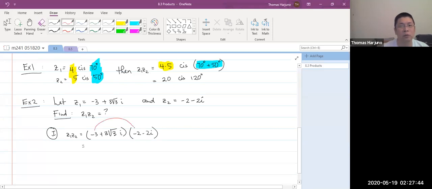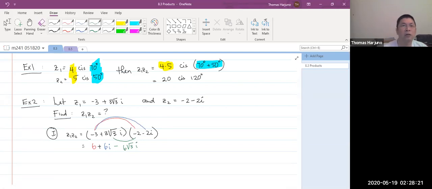The second term is plus 6i. The third term is minus 6 radical 3 i.